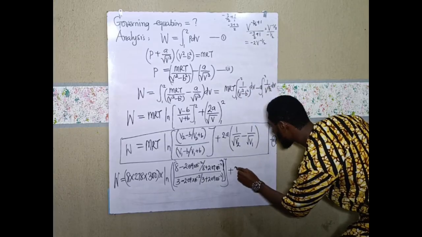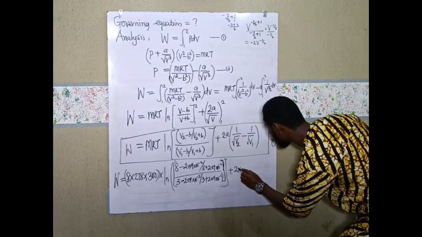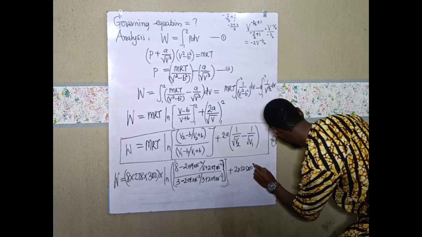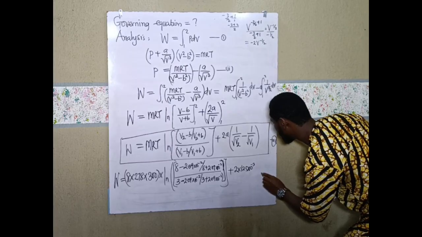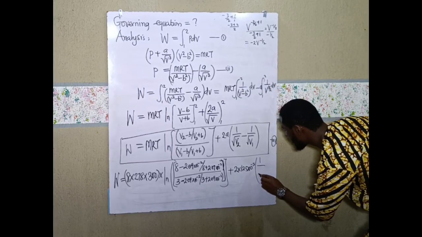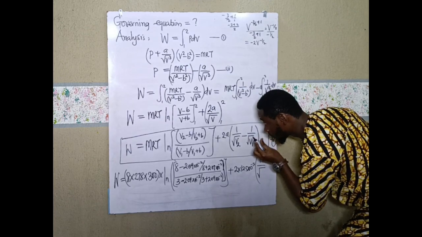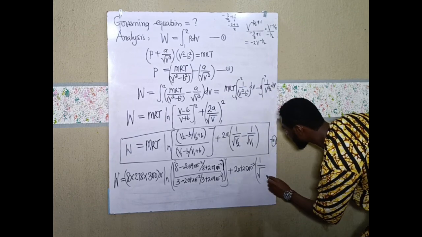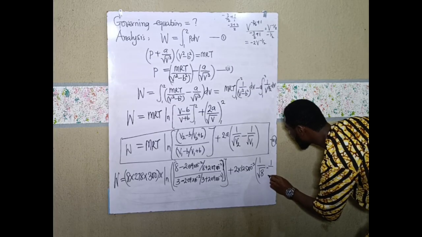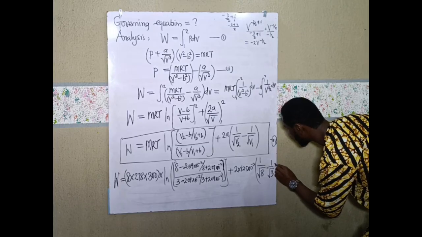plus 2. The value of A is given as 12.5 times 10 raised to the power of minus 3. Open a bracket, 1 over square root of V2, V2 is given as 8, minus 1 over square root of V1, which is given as 3.